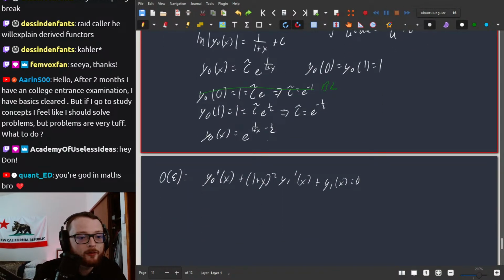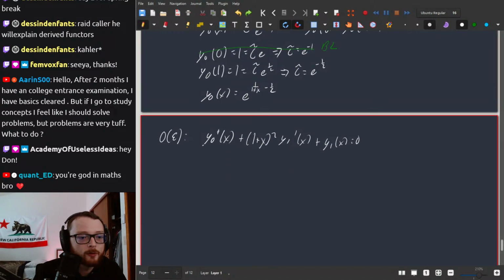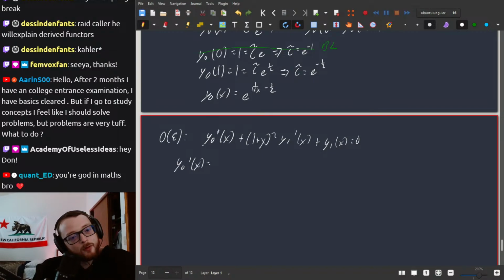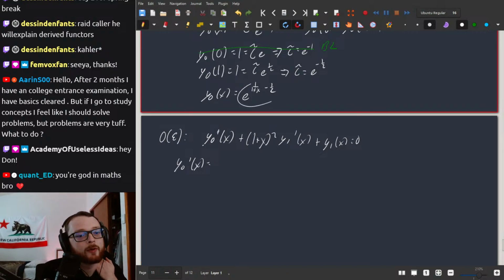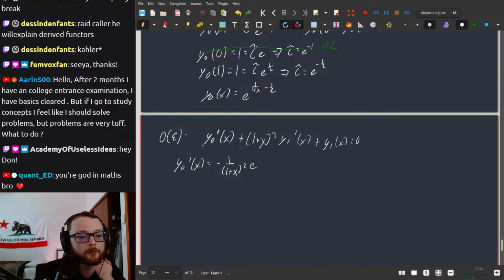I mean, honestly, this is easy enough to take the derivative of. Let's just do it directly. Y0 prime... Hope you're doing well, Slim. Derivative of that thing is going to be minus 1 over 1 plus x squared. Oh, it's going to be annoying very quickly.